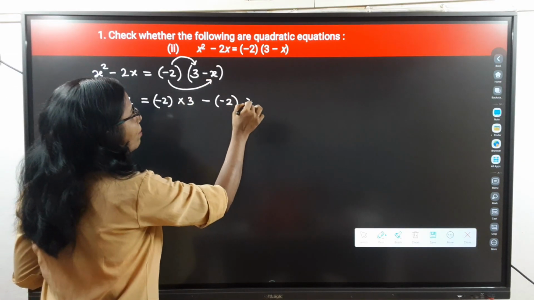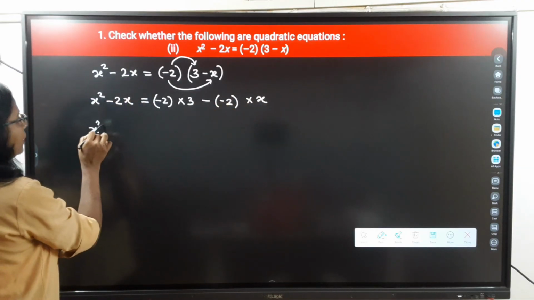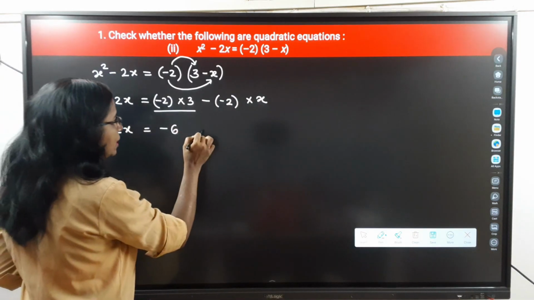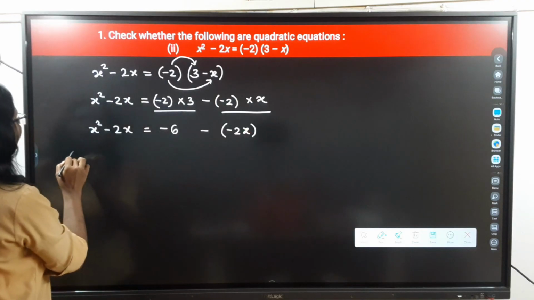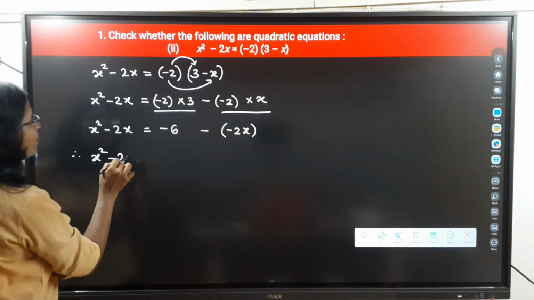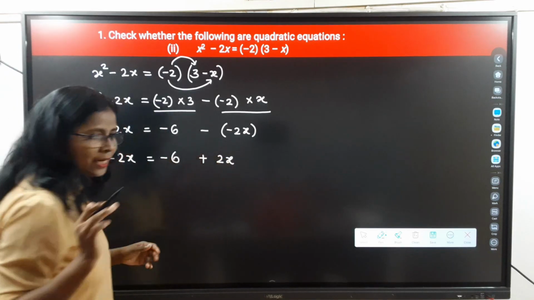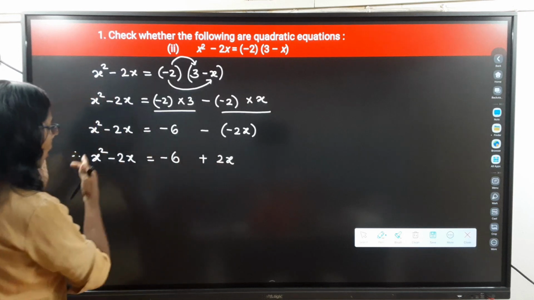So here minus 2 multiplied by x. So x² − 2x is equal to the product of this, which is −6, minus the product of this, that is −2x. Therefore, x² − 2x is equal to −6 + 2x. Then, students, I transfer this −6 and +2x to the left hand side.